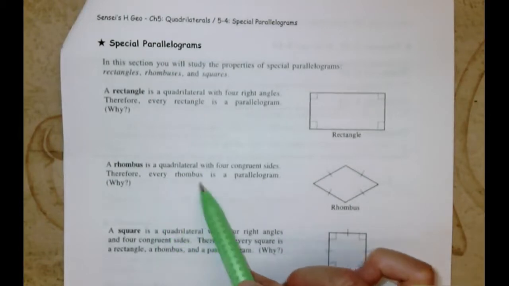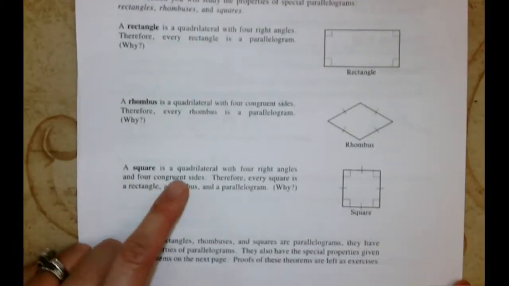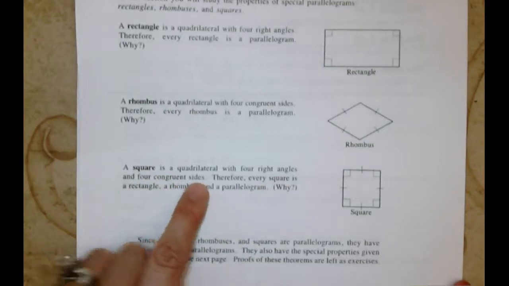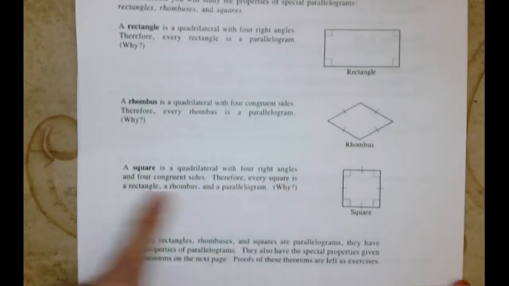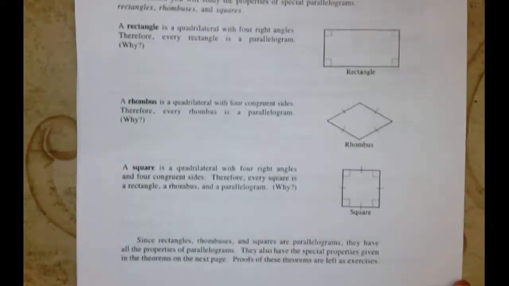Therefore, every rhombus is a parallelogram. Why? That's a definition. Think about why. And the square is a quad with 4 right angles and 4 congruent sides. Therefore, every square is a rectangle, rhombus, and parallelogram. And think why. I think you already know the answer.